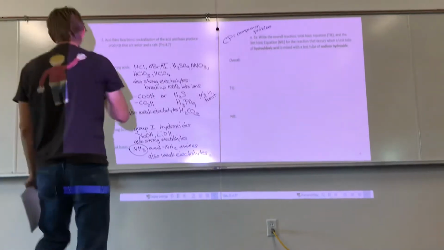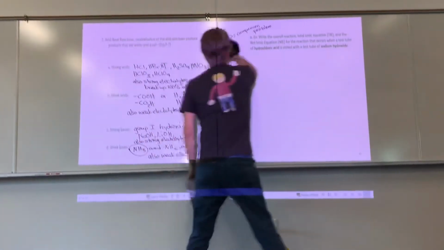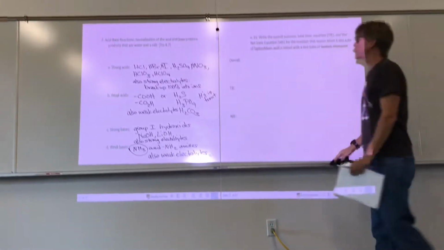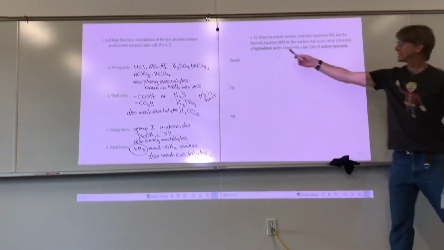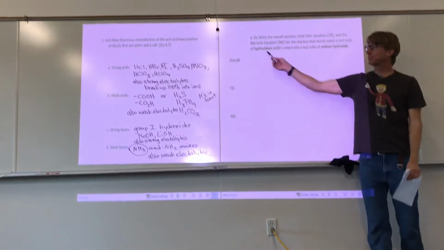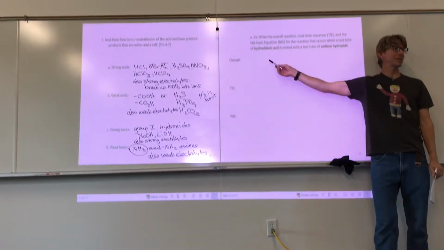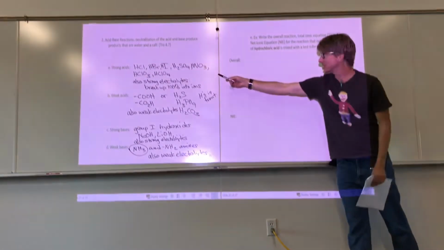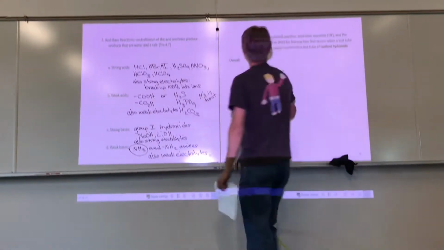Now we'll do an overall equation, TIE and NIE, for an acid and a base. Here it will be important to know what kind of acid and base they are. Hydrochloric acid, as you can see, is a strong acid.